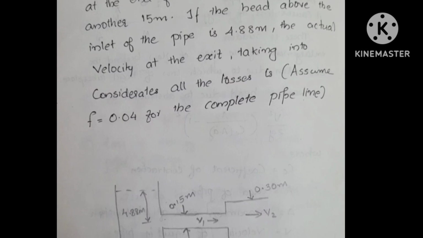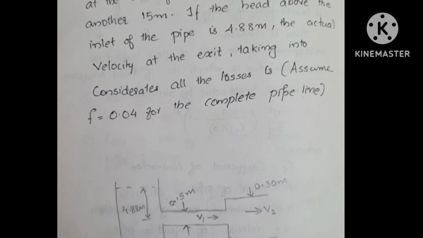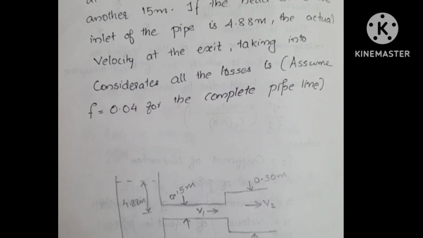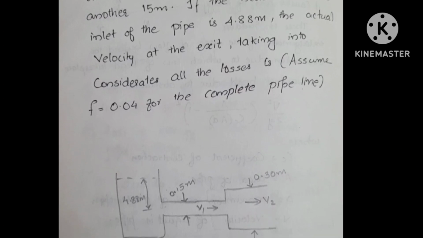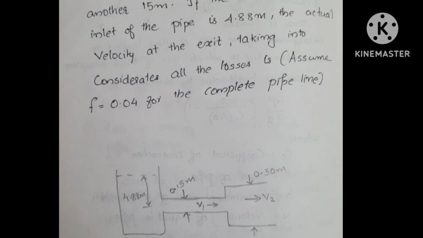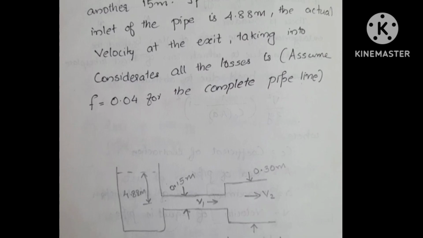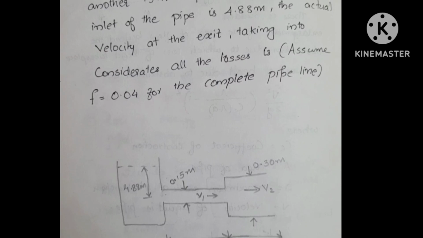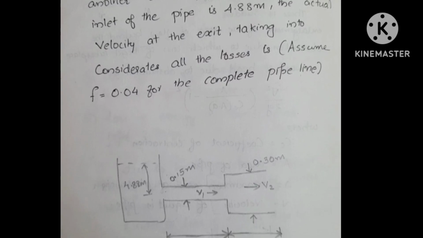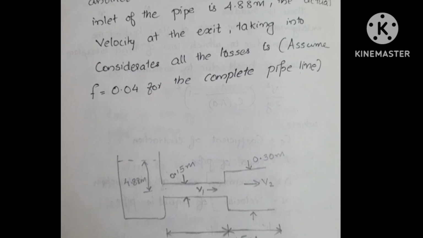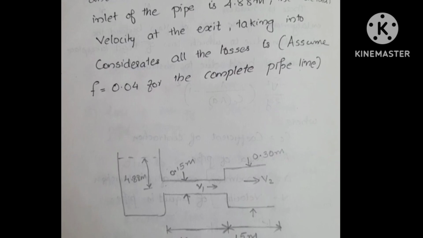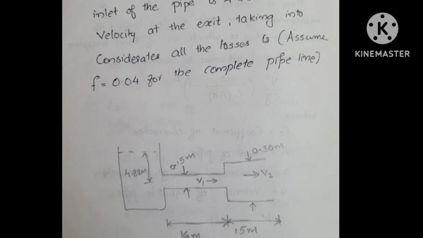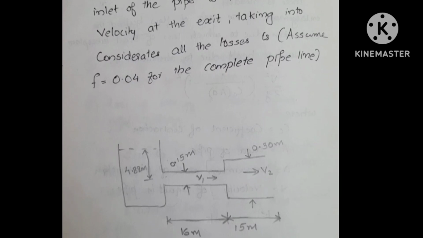It's also given the length of pipe 1 is 16 meter and the length of pipe of dia 0.3 is 15 meter, and the head above the inlet of the pipe is 4.88 meter. Then we have to find out the actual velocity at the exit by considering all the losses, and also given F is equal to 0.04.